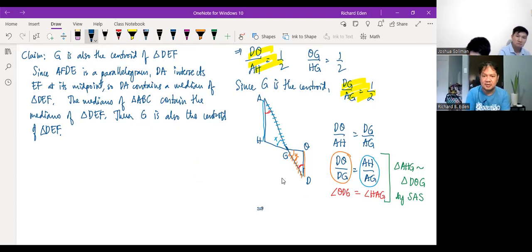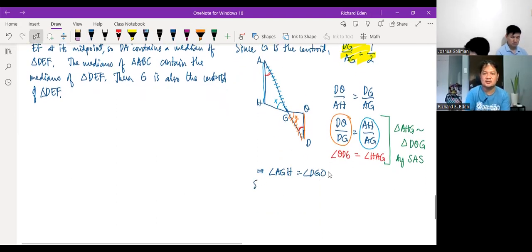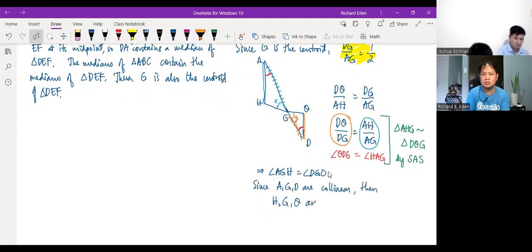Okay, so let me point out AGH is equal to DGO, which means since AGD are collinear, then it follows that HGO are collinear.